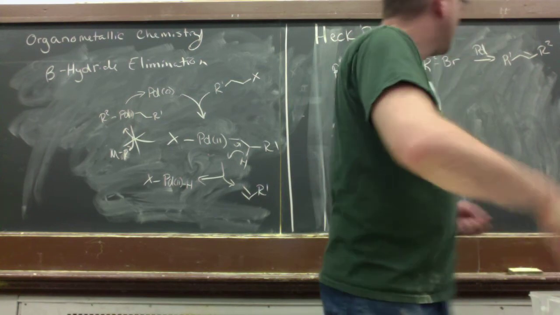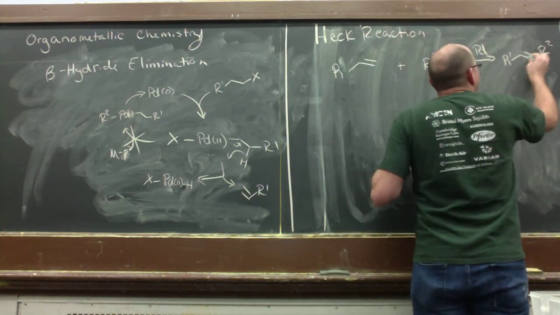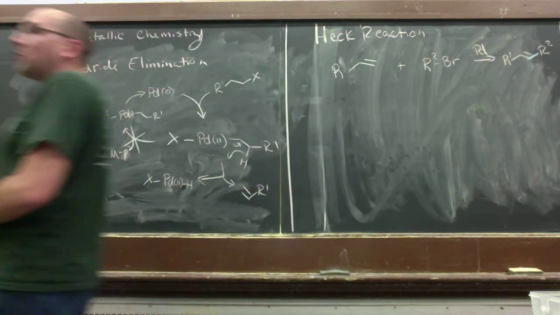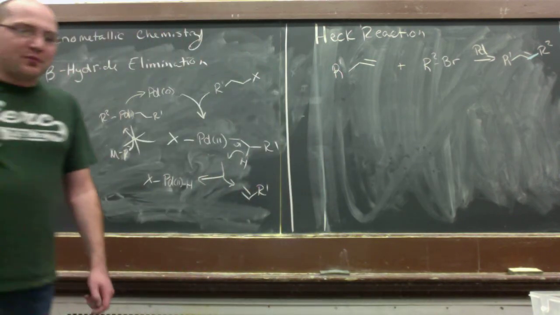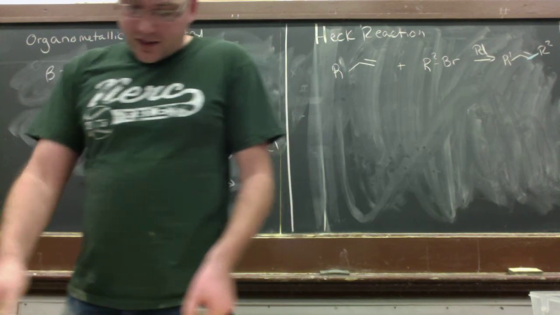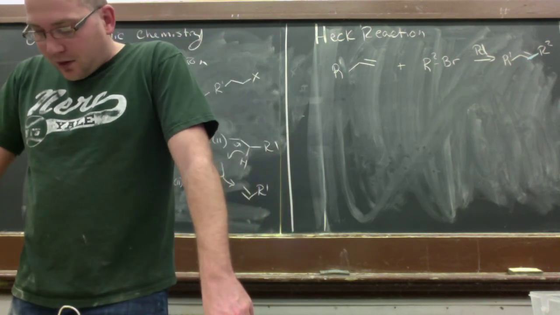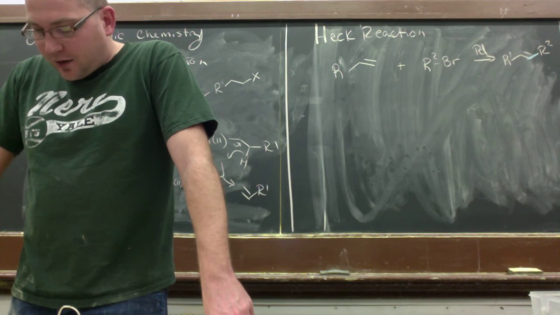So you effectively swap out a carbon-hydrogen for a carbon-carbon bond. Now this is a process that is a little bit different, but involves a lot of the same chemistry.